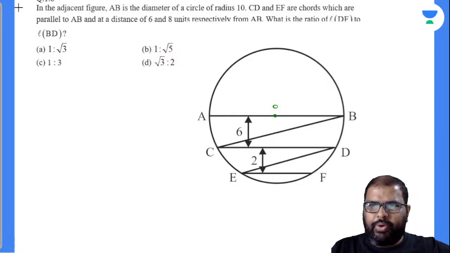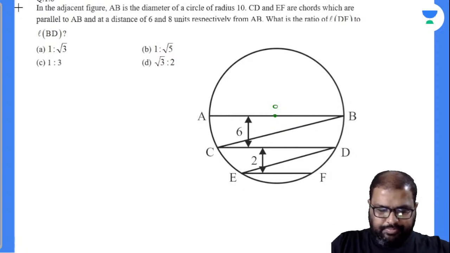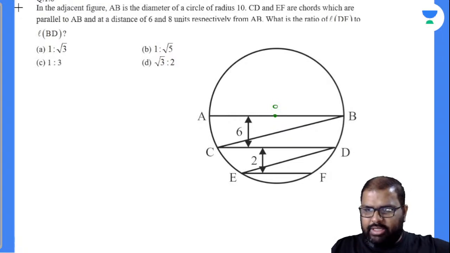CD and EF are chords which are parallel to AB and at a distance of 6 and 2 units respectively from AB. What is the ratio of DF to BD is the question. First of all, I need the values of CD and EF. Now, what are the chord lengths?